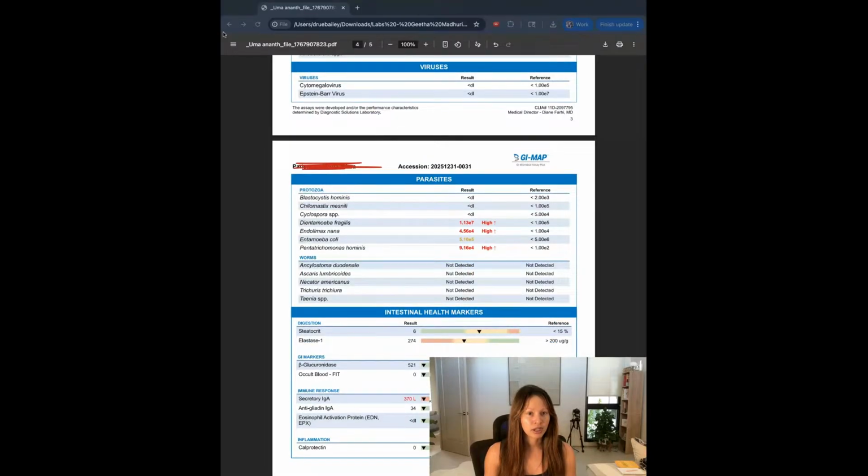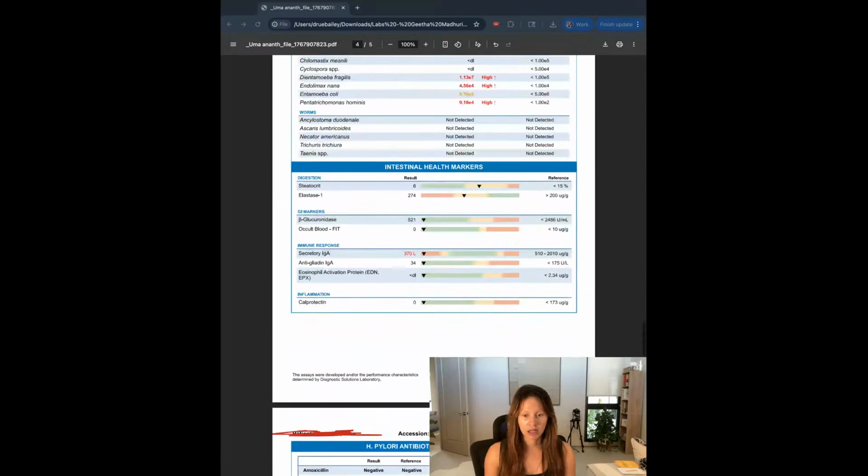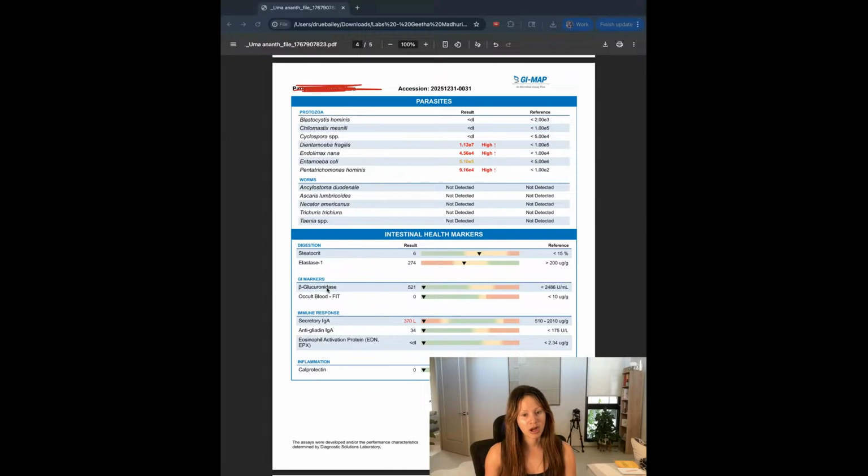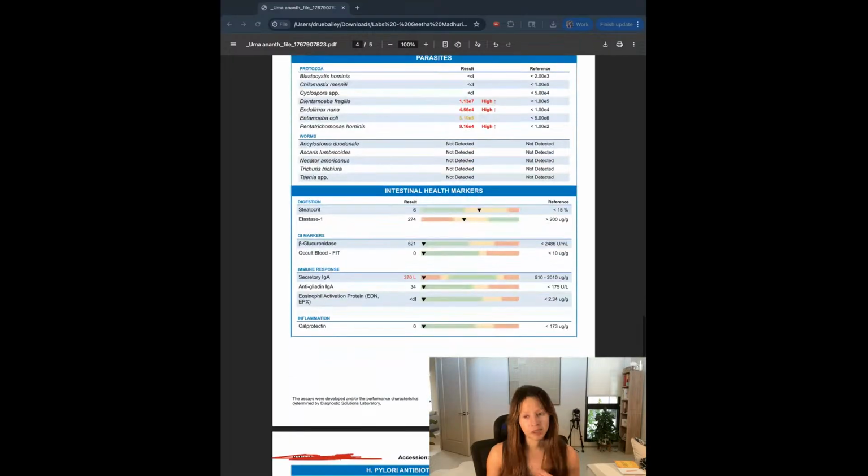Something else we really want to consider is, let me go down to some of my other notes here. Something very important for her as well is support for her immune response. Some IgG Shield, that's a Designs for Health brand, or one of my favorites, SBI Protect. Essentially, those are immunoglobulins, because this person is fighting off a lot of things: we have the parasites, the Citrobacter, and the H. pylori.